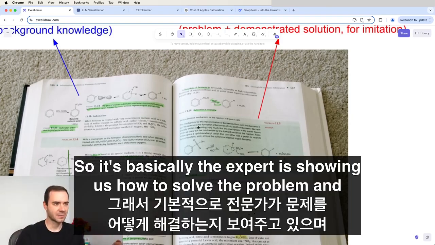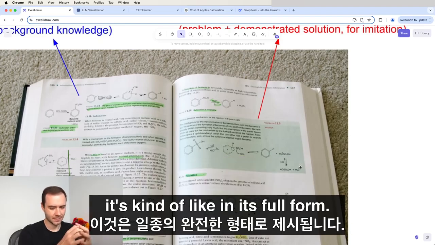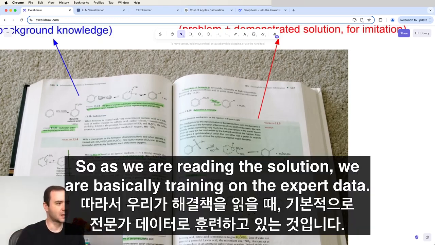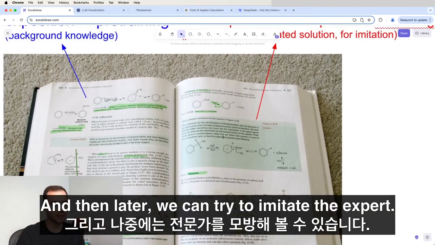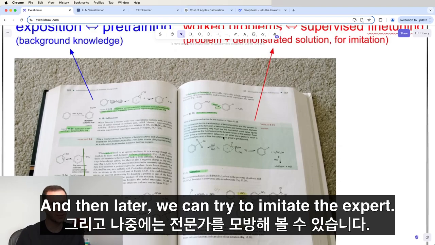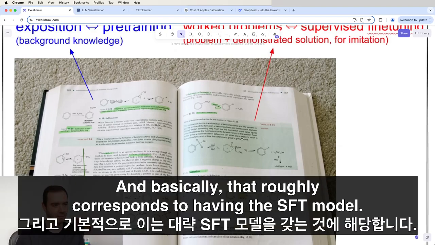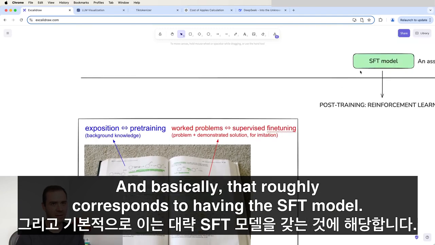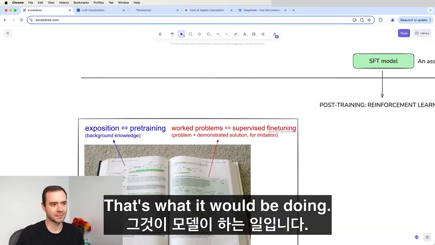The expert is showing us how to solve the problem in its full form. So as we are reading the solution, we are basically training on the expert data. And then later we can try to imitate the expert. That roughly corresponds to having the SFT model.